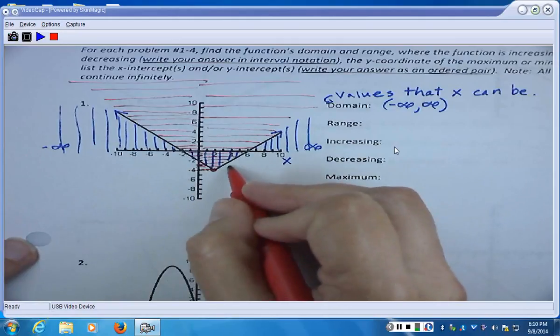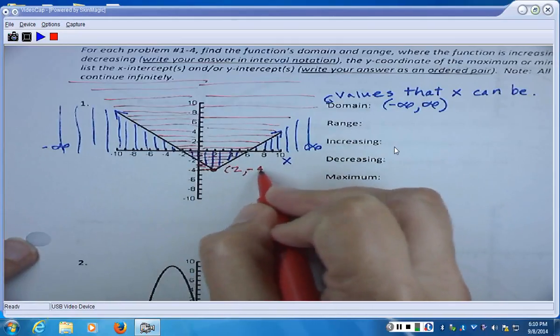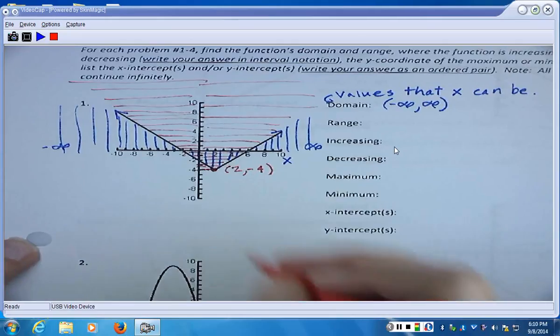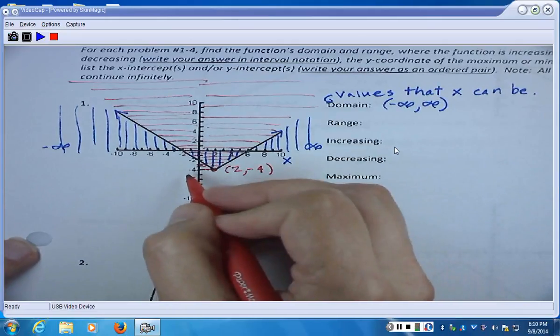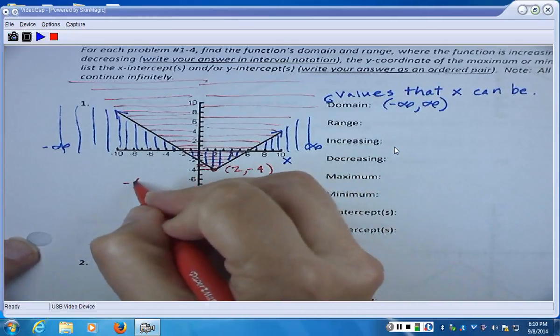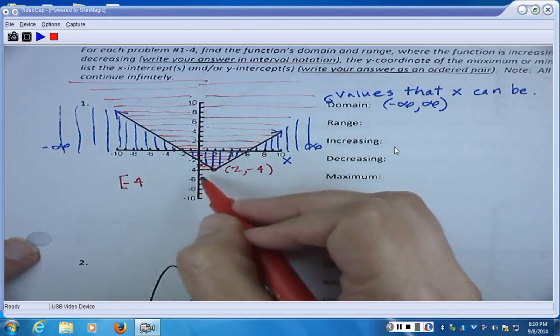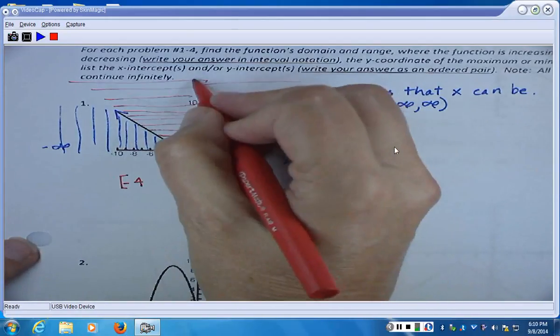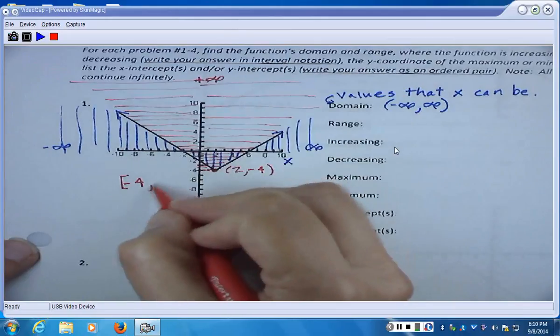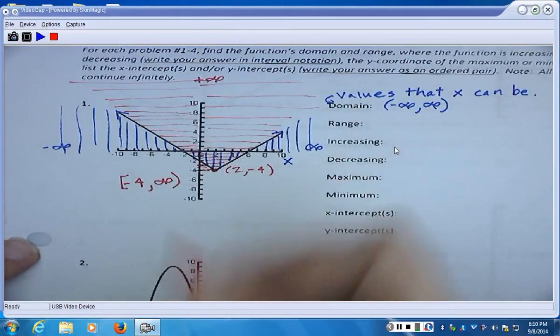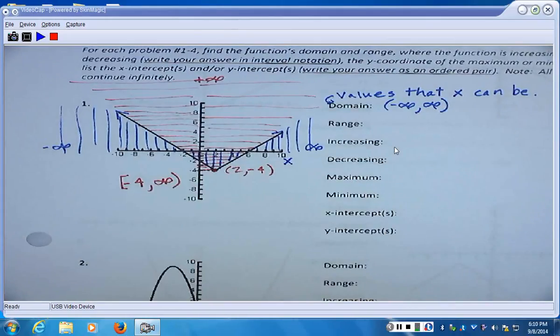So this is the point 2, -4. So y goes from -4, and we include the -4 because there's not an open circle there. Then we go up to positive infinity. So we just put an infinity. And that's the range.